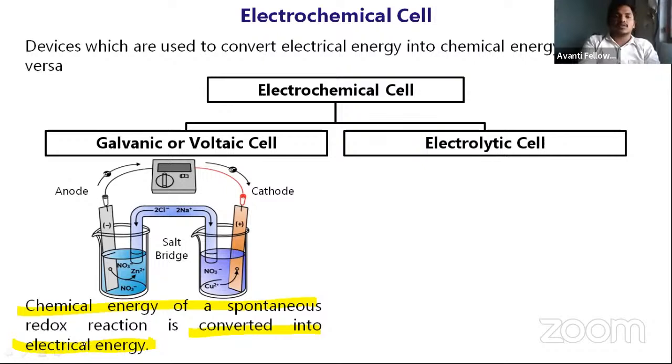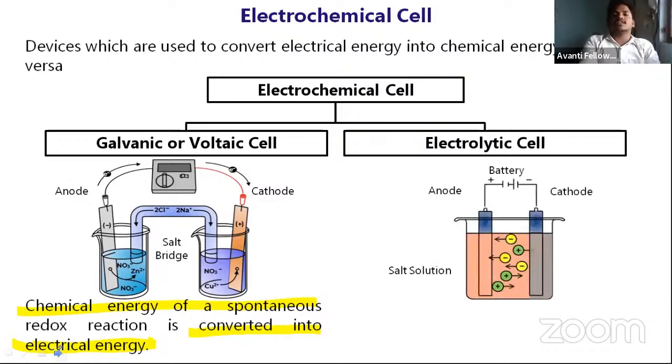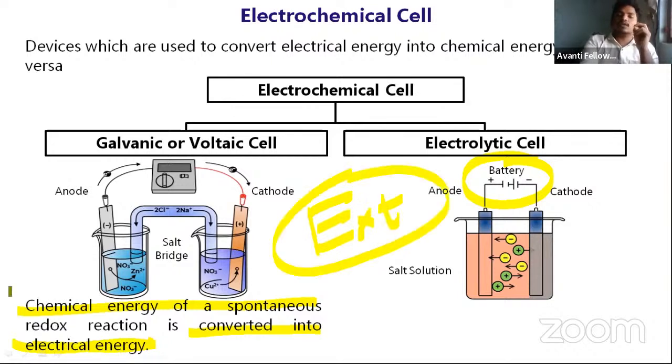Next we discussed the electrolytic cell. The main function of an electrolytic cell is the reverse of a galvanic cell. It uses electricity to produce a chemical reaction. So you are applying some external source, and whenever you use an external source, you can say it is a non-spontaneous reaction.